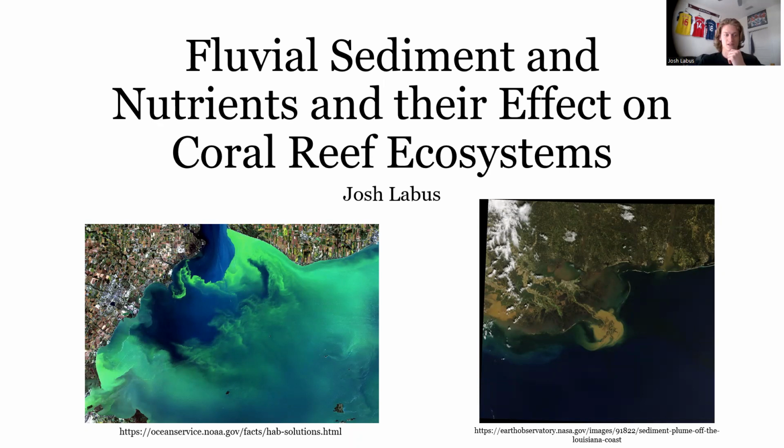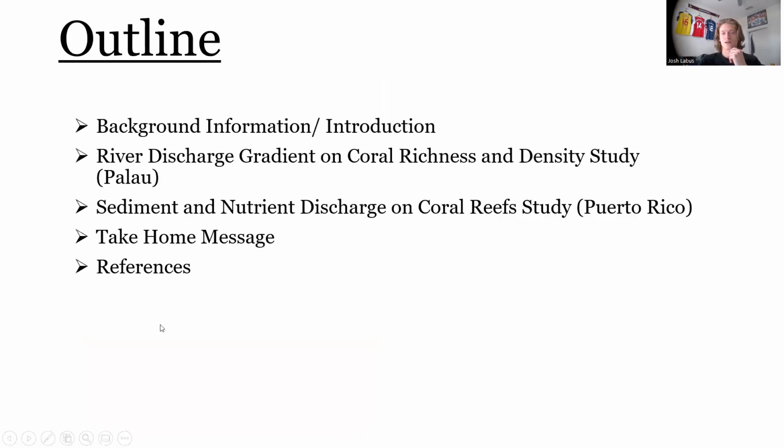Okay, so we're just going to continue from there into my outline. To start off, I'm just going to go over some background information and an introduction into some key terms that everyone needs to know in order to understand what's going on here. And then I'm going to go into two different studies. The first study is over river discharge on a gradient in terms of coral richness and density, and that was conducted in Palau, which I'll go into in a little bit.